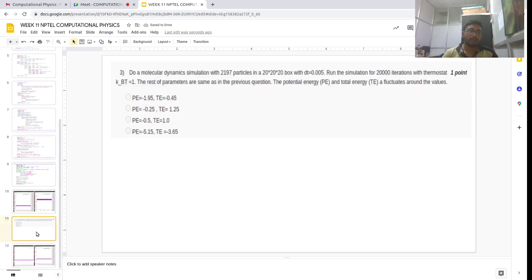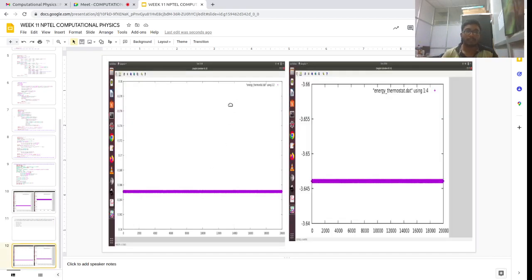If we find the similar thing with the thermostat, then we have to find the fluctuation of the potential energy and total energy around some values, right? If we look at this graph, this is the potential energy and this is the total energy.